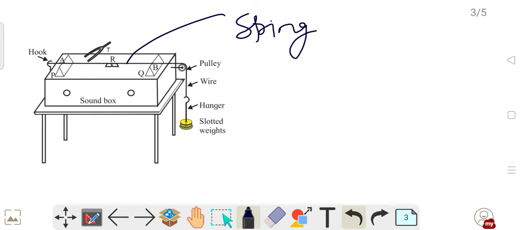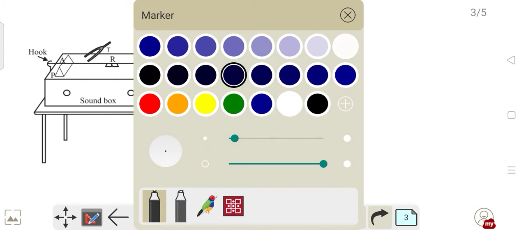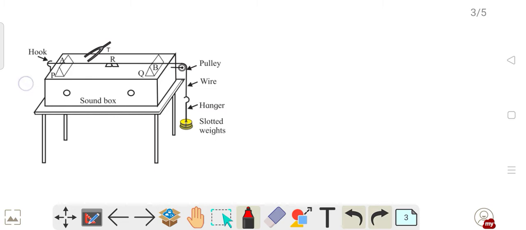Now let us try to see this figure again, and you see the construction of it. There are two bridges, P and Q, along the width of the box, which can be moved parallel to the length of the box.